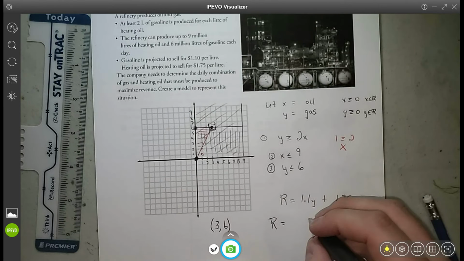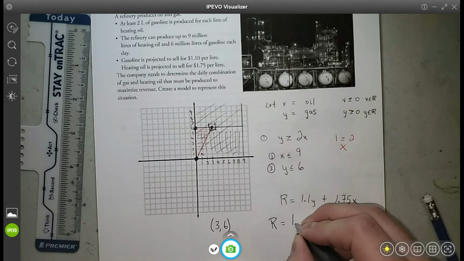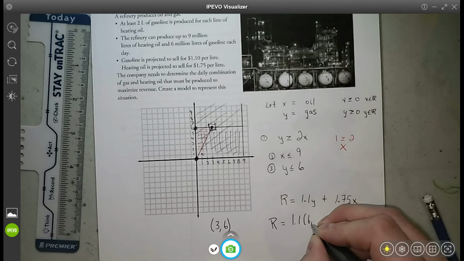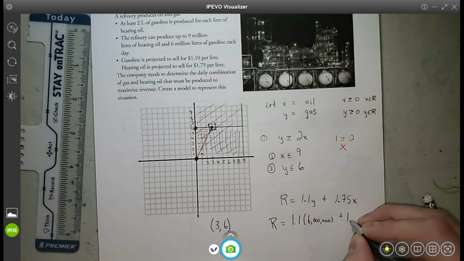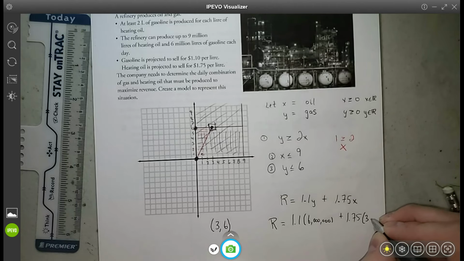So at 3, 6, our revenue will be 1.1 times 6 million. And X will be 3 million. And we do the math there, and we should get our answer.